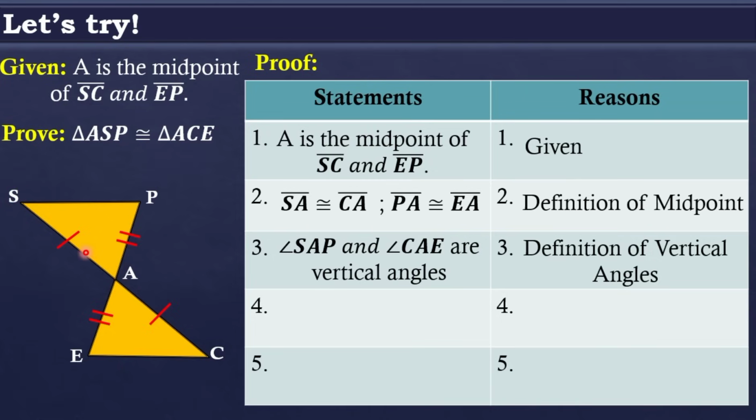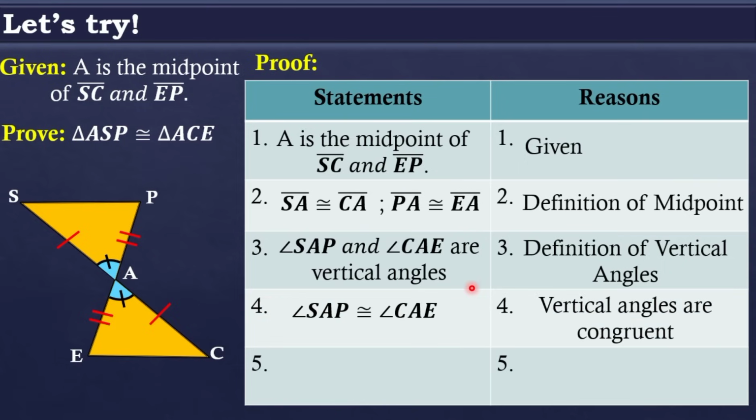So, we have SAP and CAE are vertical angles. So, kung vertical angles yan, ibig sabihin, angle SAP is congruent to CAE. So, ano pong reason? Vertical angles are congruent. So, lagi po yan, that the vertical angles are congruent.